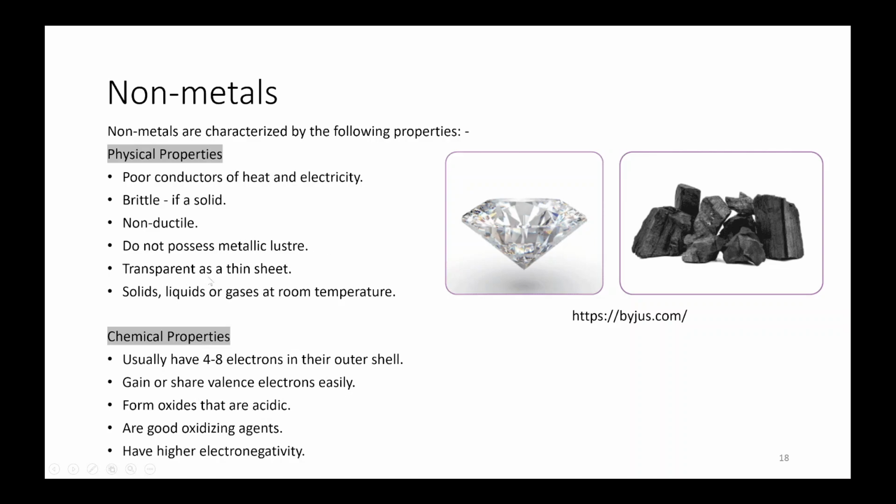Some are transparent when they are in thin sheets, and they are solids, liquids or gases at room temperature. Now chemical properties, they usually have 4 to 8 electrons in their outer shell, so they will be attracting electrons. So they want to gain or share valence electrons easily. They form oxides that are acidic and they are good oxidizing agents. They have higher electronegativity.